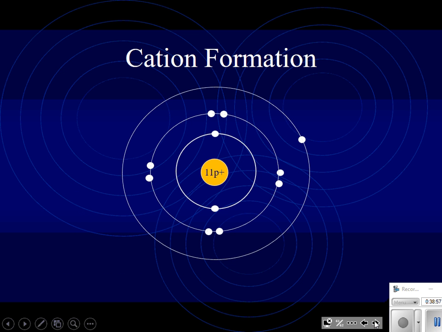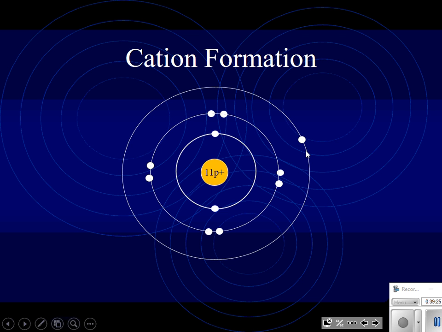Now, these last two slides, just watch them, okay? Just watch them. Do not write anything down. Just look what's happening. This right here, as you can see, has 11 protons. What element has 11 protons? That's right, ladies and gentlemen, it's sodium. Can you see this one little guy right here out by itself?